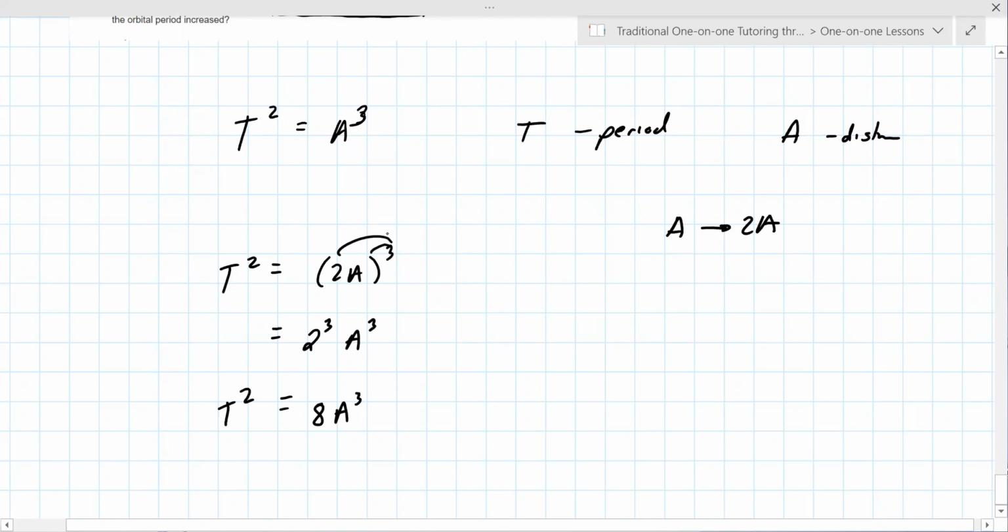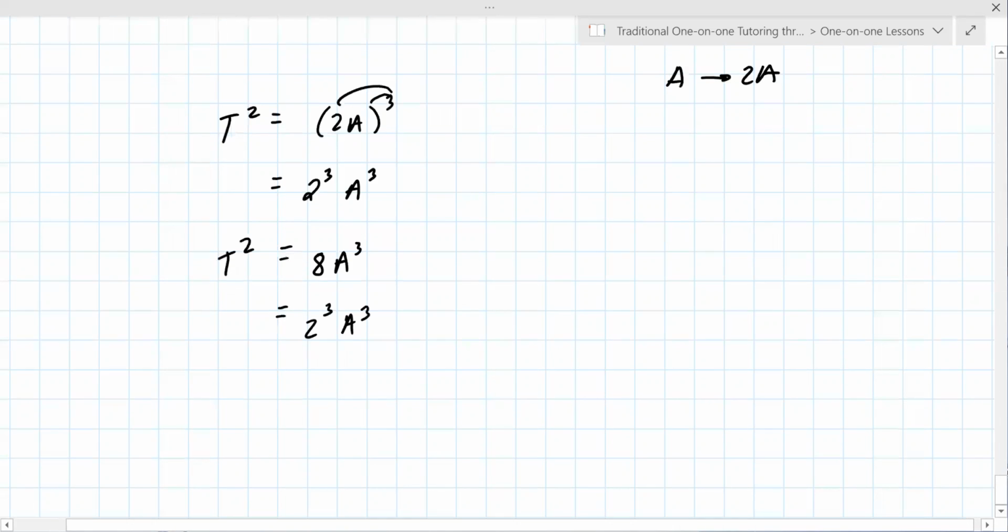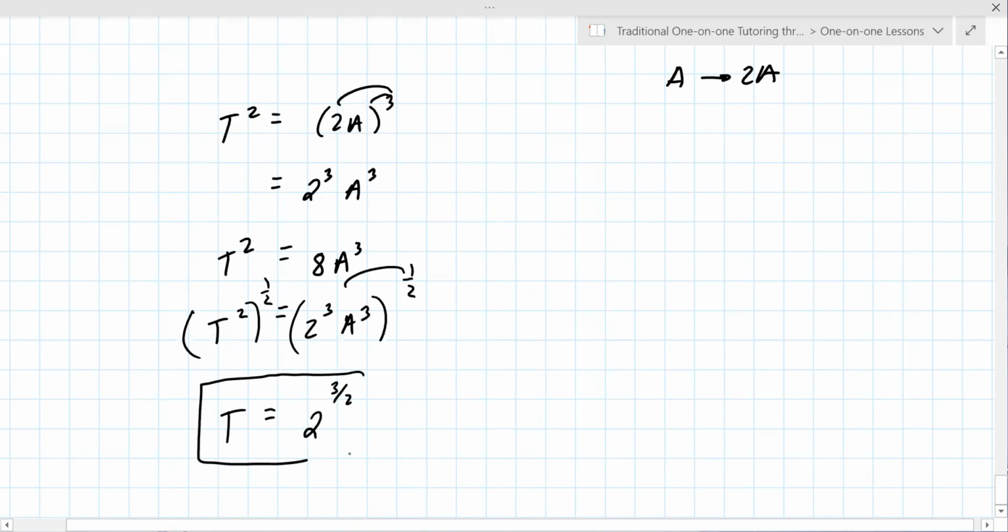My guess here is that if we look at this as 2 cubed a cubed, and then we take a square root of both sides, or the 1/2 power of both sides, you get 2 to the 3/2 because you multiply in. And I would guess that is what it's looking for there.